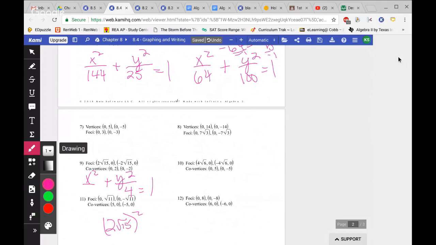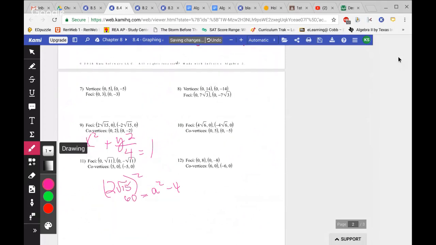So that's 60. A squared minus 4, because I know that my covertices are my b squared. Does that make sense to you guys? So I'm going to add 4 to both sides. That gives me 64 equals a squared.